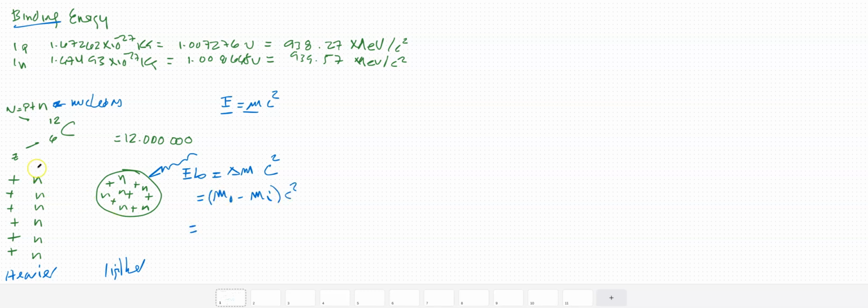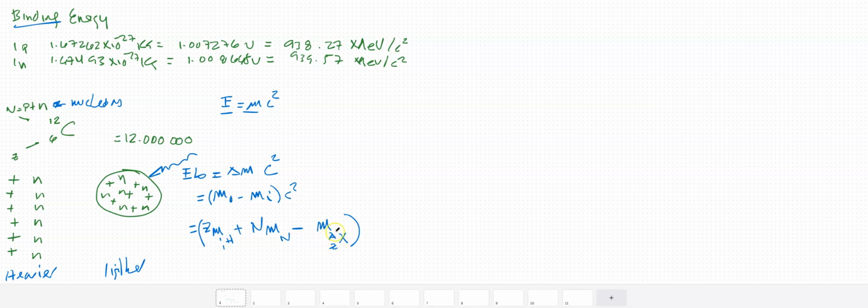The mass outside is the mass of all the protons, so the number of protons times the mass of a proton, but in this case we're going to put protium because that includes the electron, plus the number of neutrons times the mass of a neutron, minus the mass of whatever isotope we were dealing with.